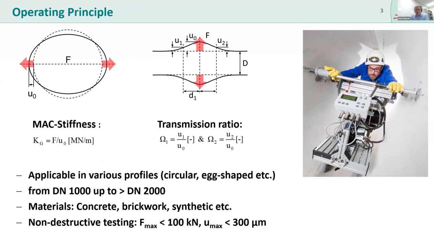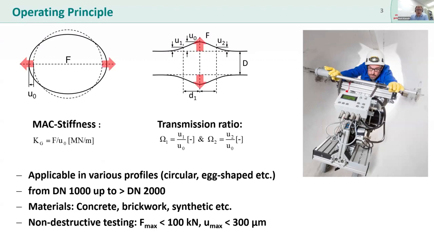On the second figure you can see that we install several transducers in a certain pattern so that we can detect not only the deformation of the system but also the deflection the system exhibits in the longitudinal direction, by transmission ratio as a second parameter.